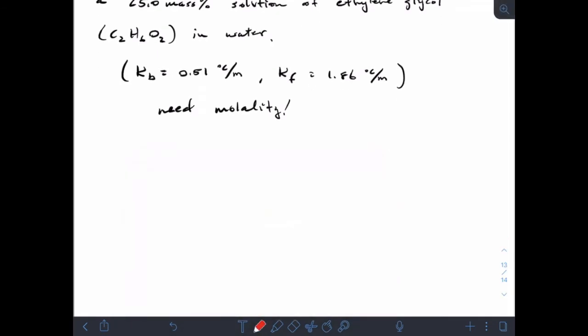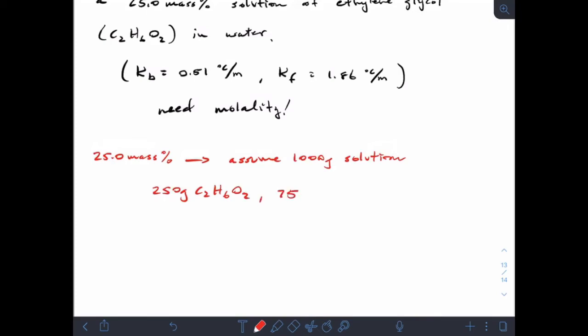Okay, so let's switch colors so it's easier to see our work. So a 25% by mass solution is the same thing as saying, if we assume a 1,000-gram solution, it's the same thing as saying 250 grams of ethylene glycol and 750 grams of H2O.